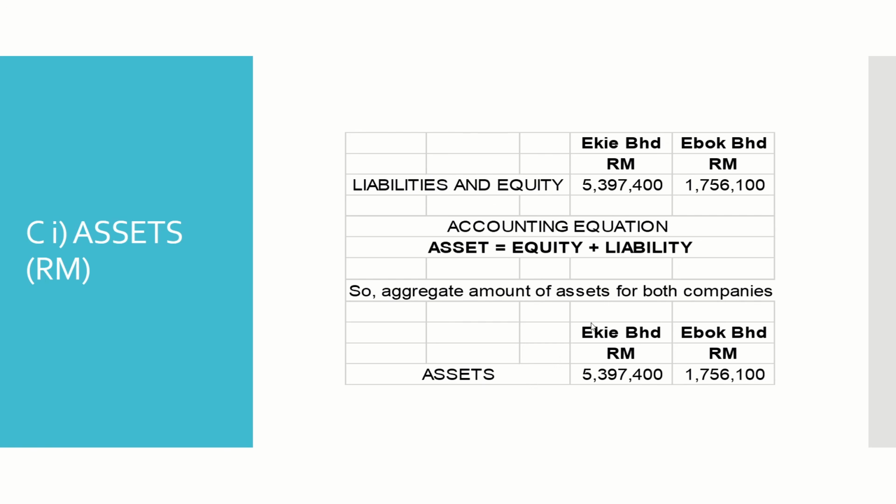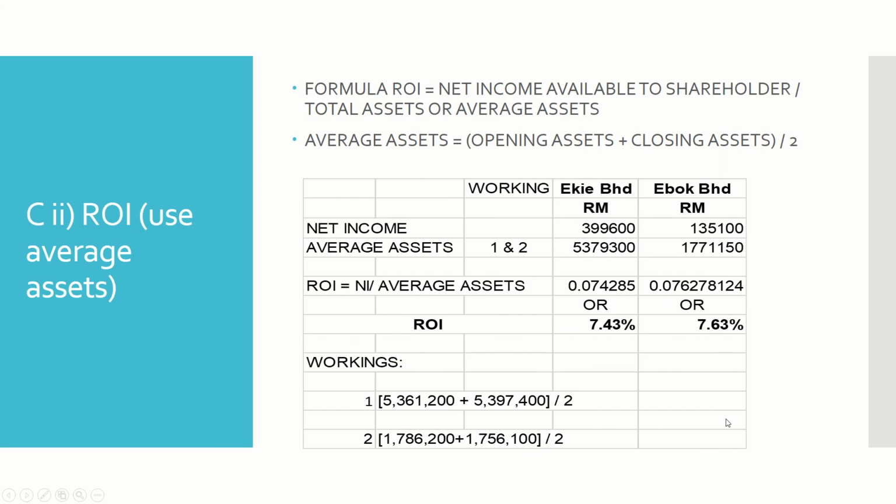Ending asset for Iki is 5,397,400. For Ibu, ending asset is 1,756,100. So, use these figures to calculate the average asset. Average asset for Iki is 5,379,300.